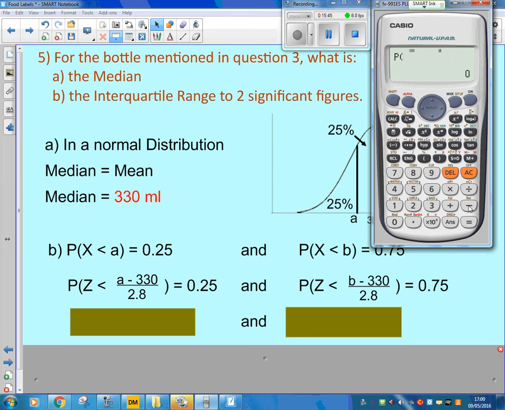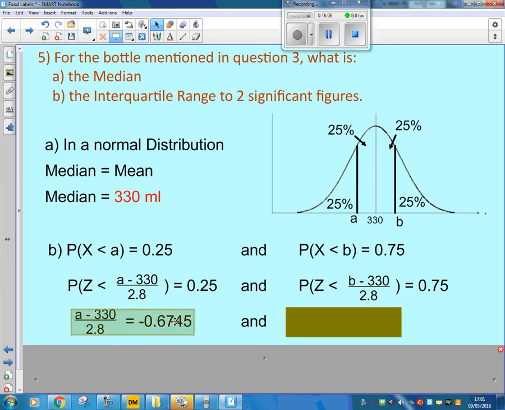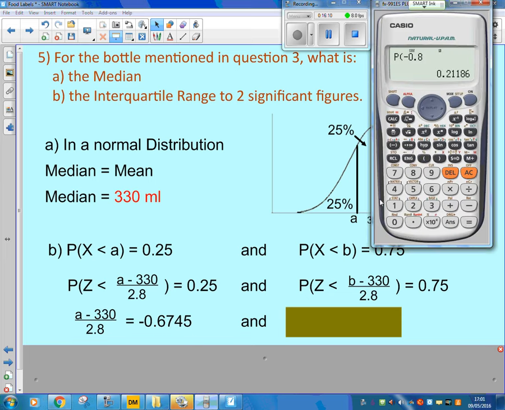1, P of minus 1.5. Okay, that's actually got worse. So I want to do minus 0.8. Let's try that. Okay, that's not too bad, is it? And so I'm gradually going to try homing in here, and I actually get minus 0.6745. So I could have tried minus 0.7.